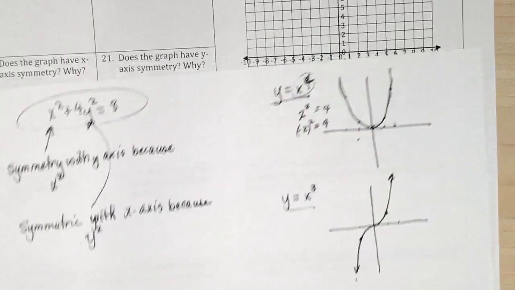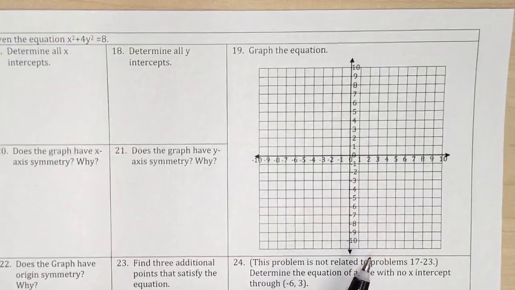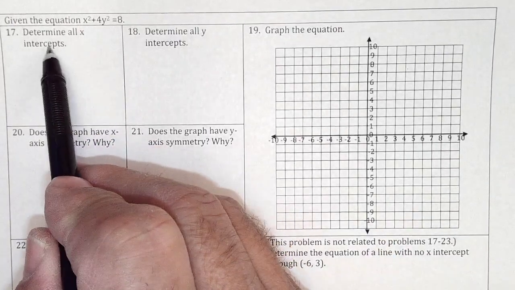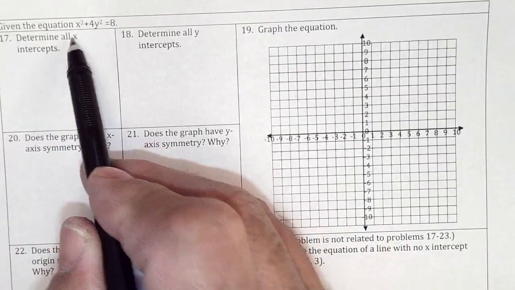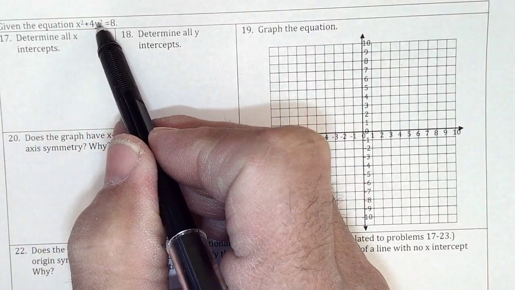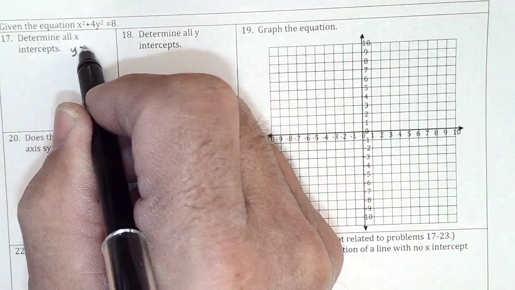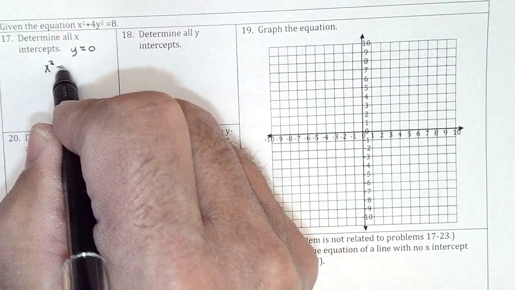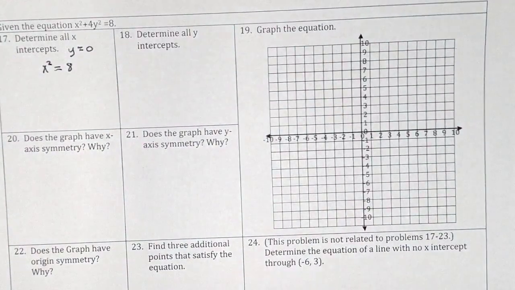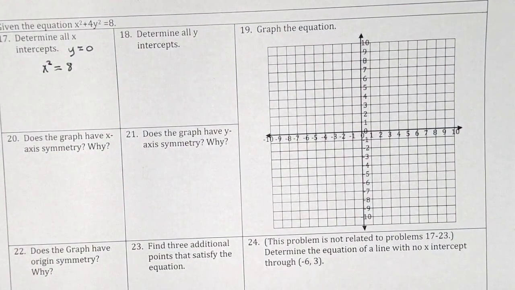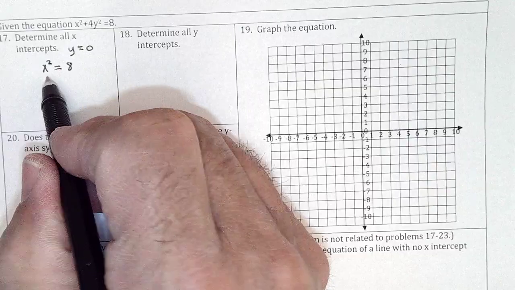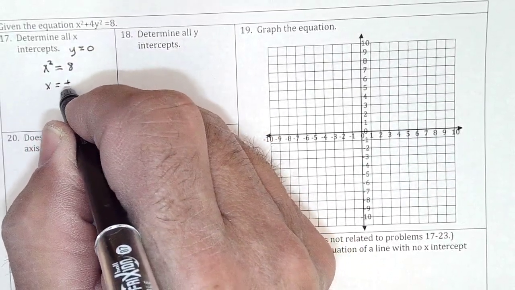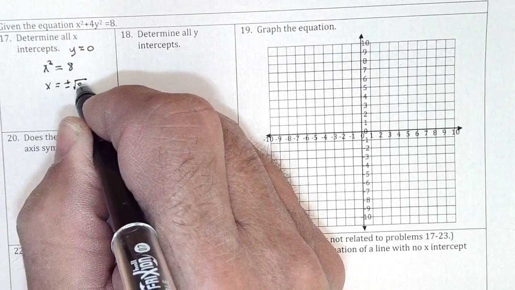Okay, so let's now try to answer some of these questions. Determine all the x-intercepts. Well, to find x-intercepts, you let y equal 0. And if I do that, I get x squared equals 8. Taking the square root, I get x is equal to plus or minus the square root of 8.